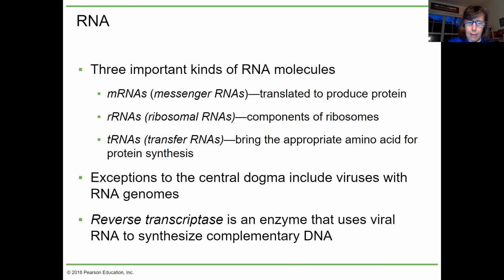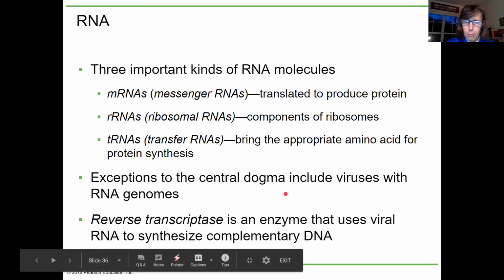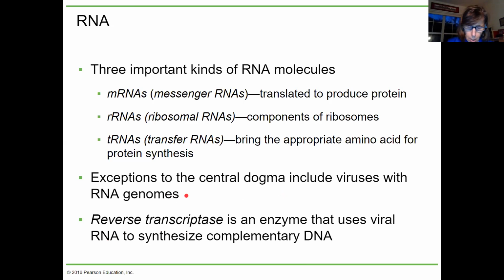I don't need to go over that. Exceptions to the central dogma include viruses with RNA genomes. So not all proteins, for example, are made from DNA to RNA to protein. Some organisms have RNA genomes, and so the RNA has to either be translated or converted to DNA and then go through the central dogma.